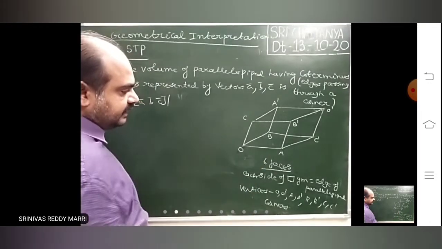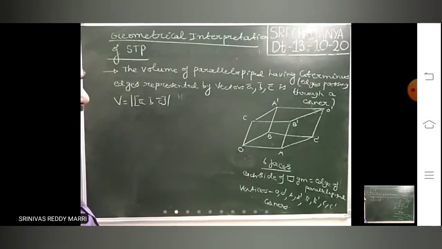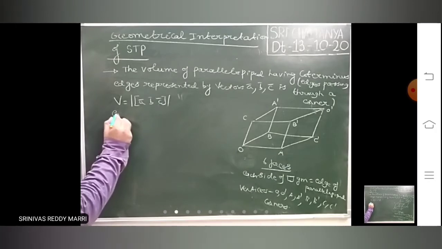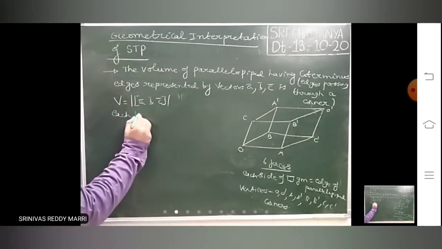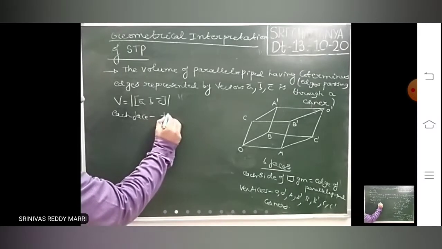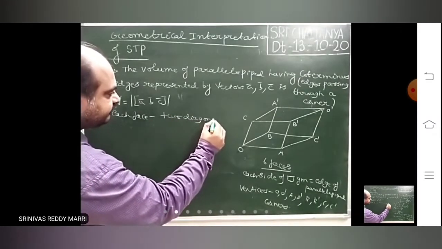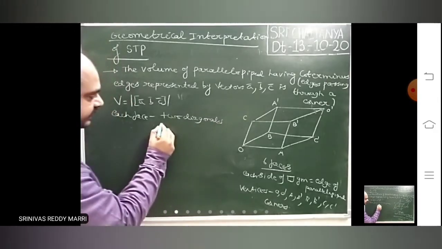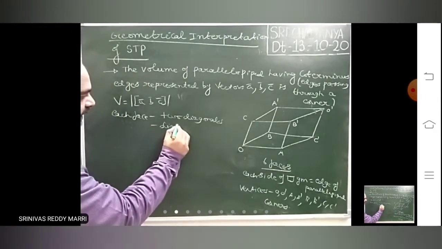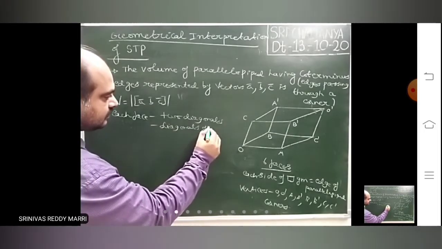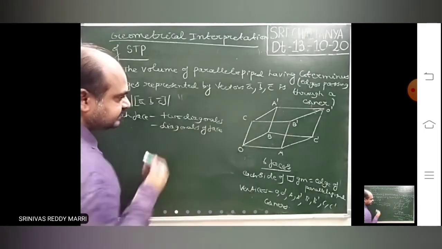So now look here. Here in the parallelepiped, each face has 2 diagonals. These are called diagonals of the face.